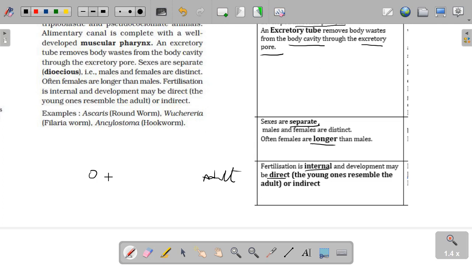That's why there is no larval stage which is distinct from the adult. Sometimes some of the life forms of this phylum show indirect development where they have a larval stage. Here's some pictorial representation of organisms that belong to Aschelminthes.